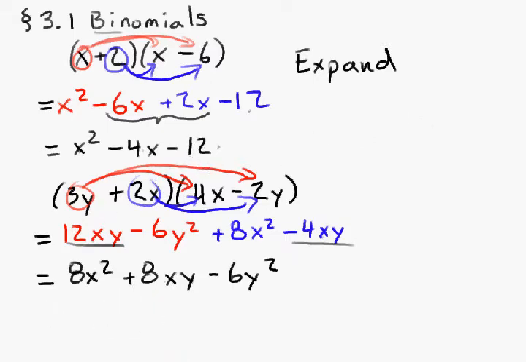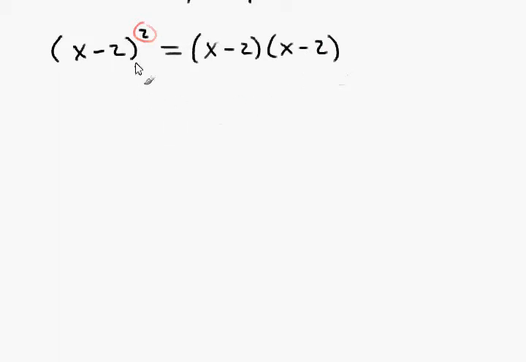Next, let's take a look at something squared. I'm going to take x minus 2. I'm going to square it. This means multiply it by itself. So I can write x minus 2 as x minus 2 times x minus 2. So when I expand this, we'll have x times x times a negative 2.